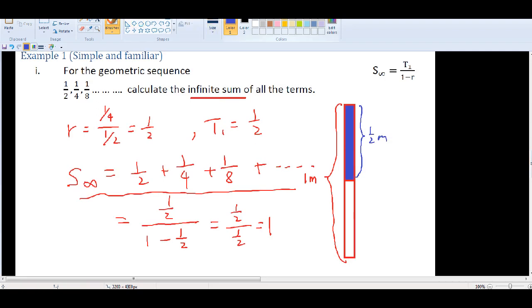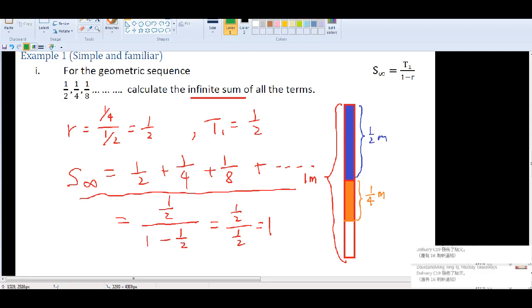That's half of the remaining half. Then I'm going to do another cut of half of the remaining half. So that's 1/8.